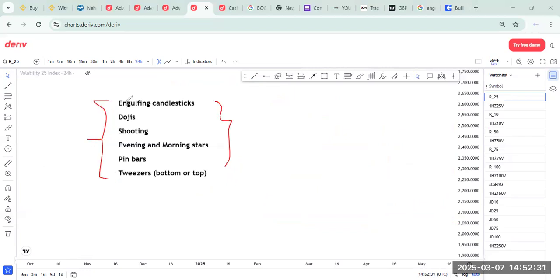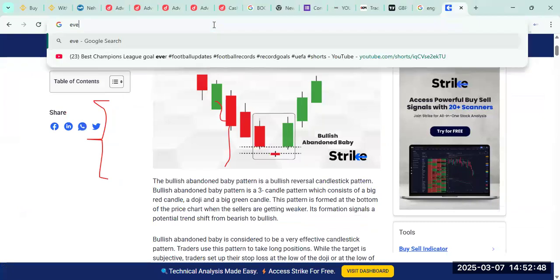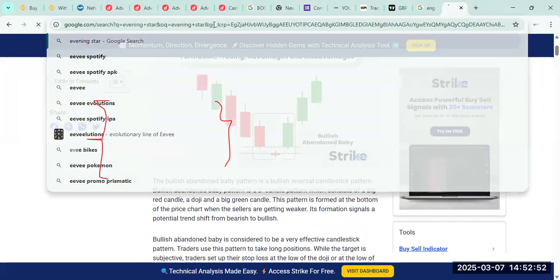I think these are the most powerful candlestick patterns that you can research on. So one, two, three, four, five, six of them. Just make sure that you check them out and just type it. It will pop up. Type it on your search bar. Say, evening star, and it will pop up.